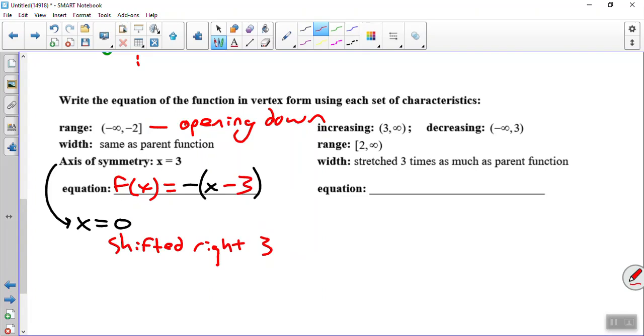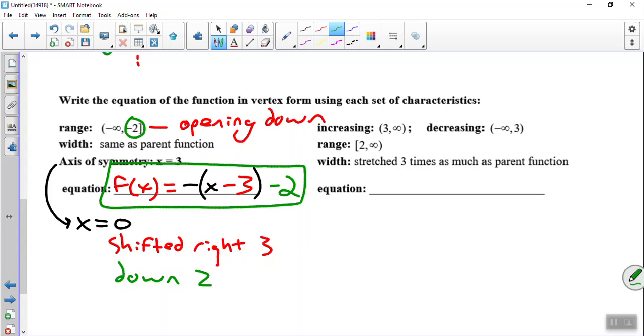Okay? And you also see here the range goes to -2. That's my maximum y value, which is the vertex. So that means the vertex moved from 0 to -2, which means it went down 2. So I subtract 2 here. So this is my function based on this description.